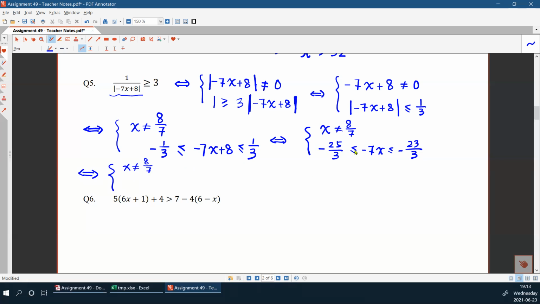Second, we can just divide both sides by -7, right? Note that -7 is negative, so we need to change the direction of the inequality symbol. So -25 over 3 divided by -7, greater than or equal to x, greater than or equal to -23 over 3 divided by -7, right?